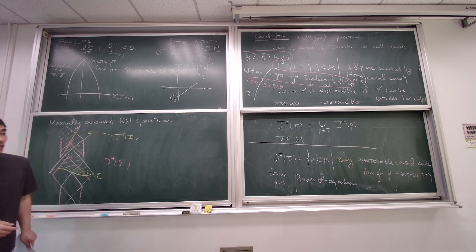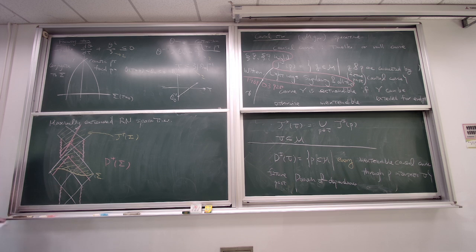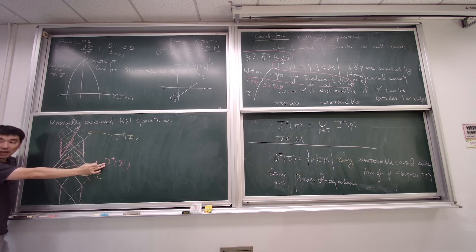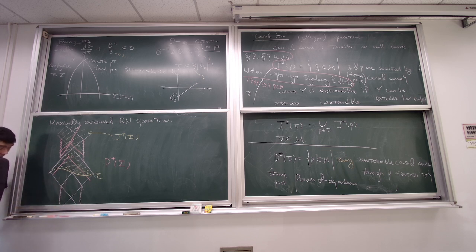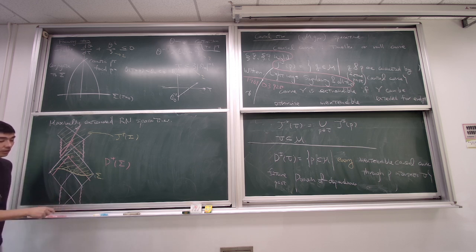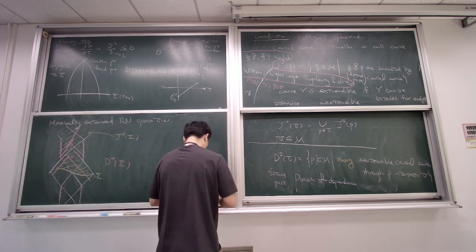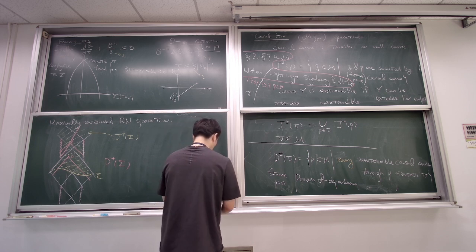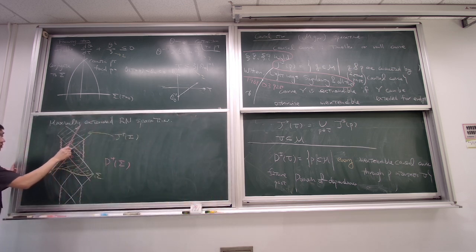It's fine: the future-directed curve hits the singularity, but it's inextendable, and it doesn't intersect sigma. So this P is not included in D plus. So D plus is in fact the region here.